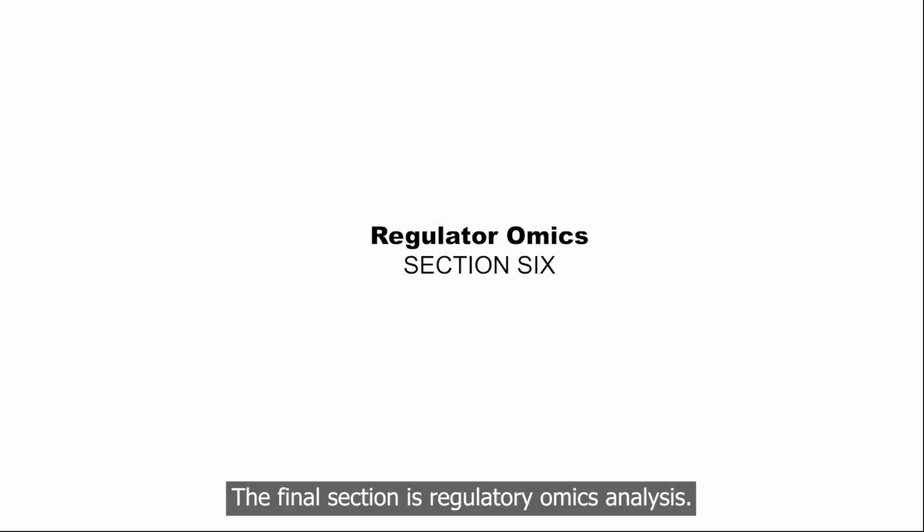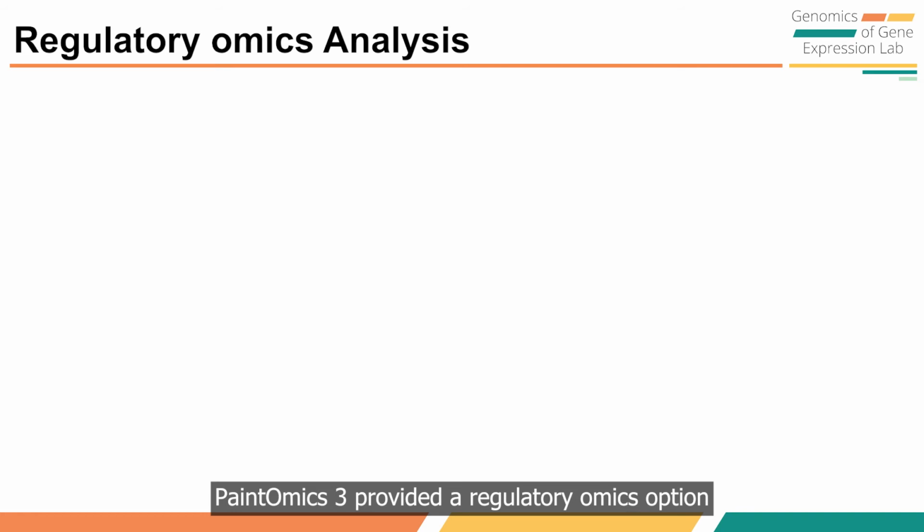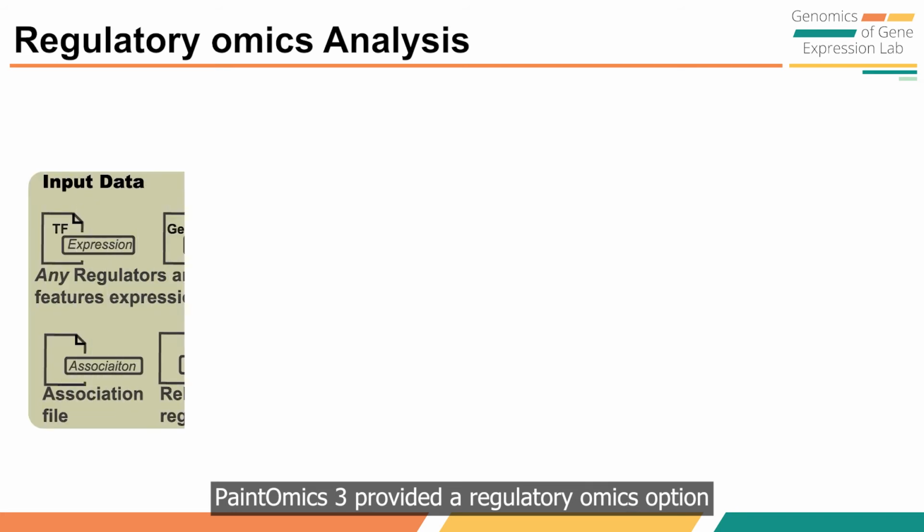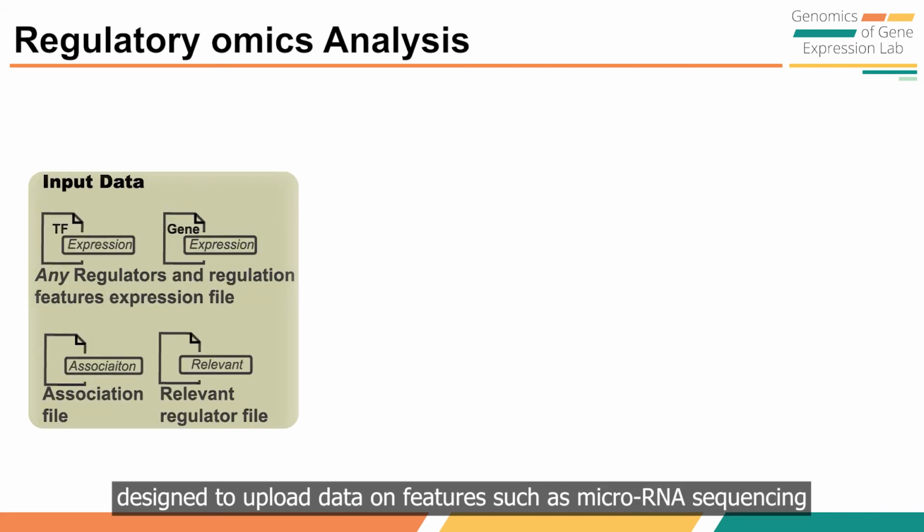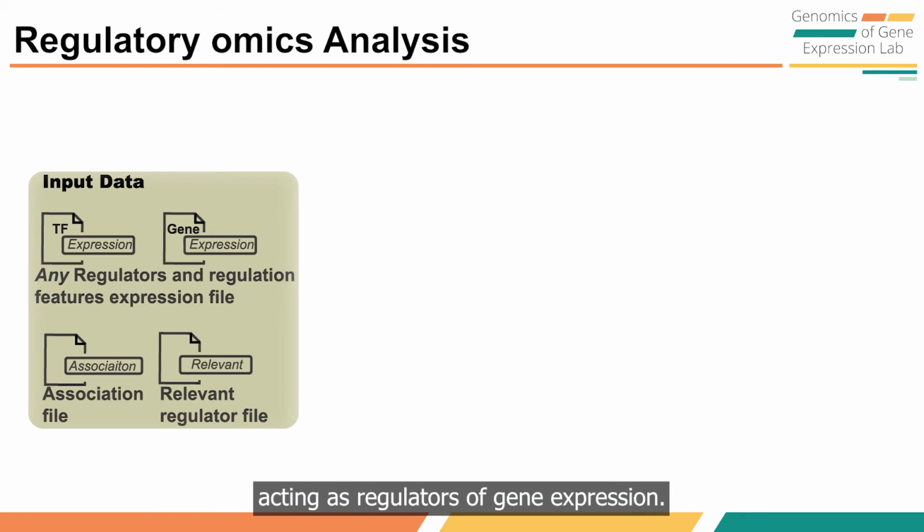The final section is regulatory omics analysis. PaintOmics 3 provided a regulatory omics option designed to upload data on features such as microRNA sequencing acting as regulators of gene expression.